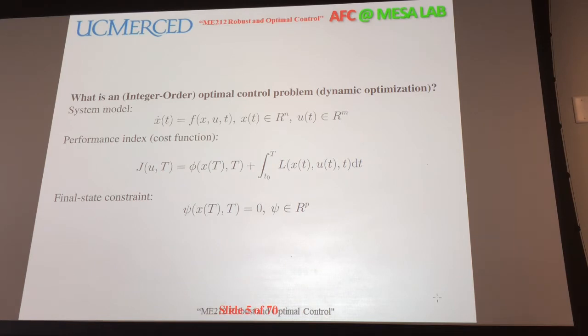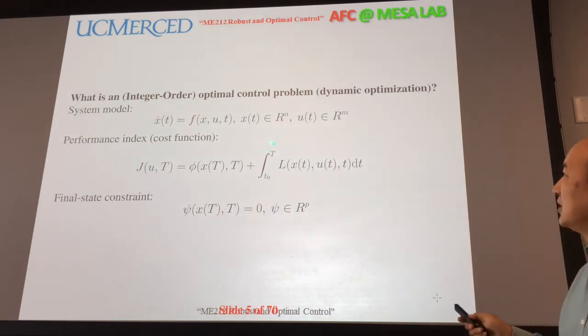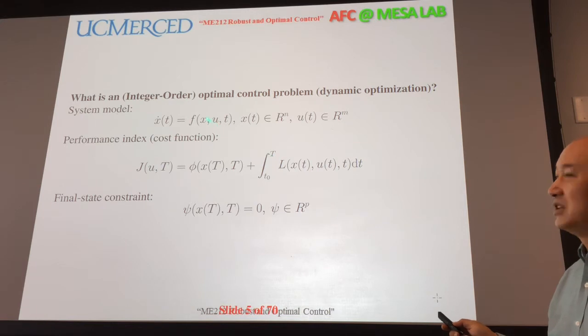It's possible that the terminal time is free. So I don't have this capital T here. I give you the capital T, okay? But there are cases you don't even know when to stop. The capital T is not known in advance. The terminal capital T depends on what you put as U here.